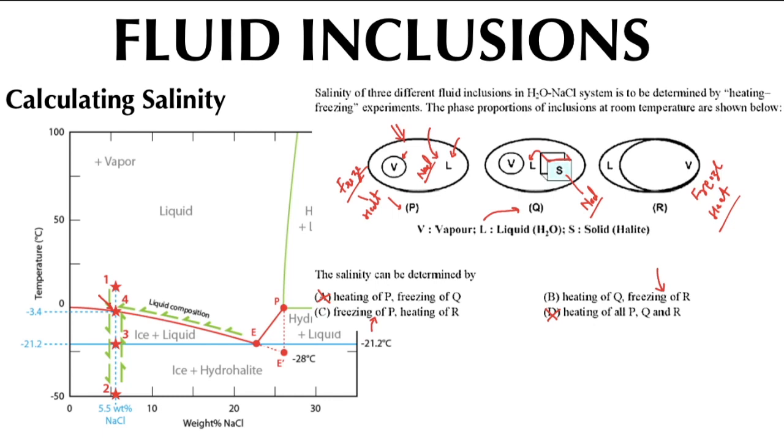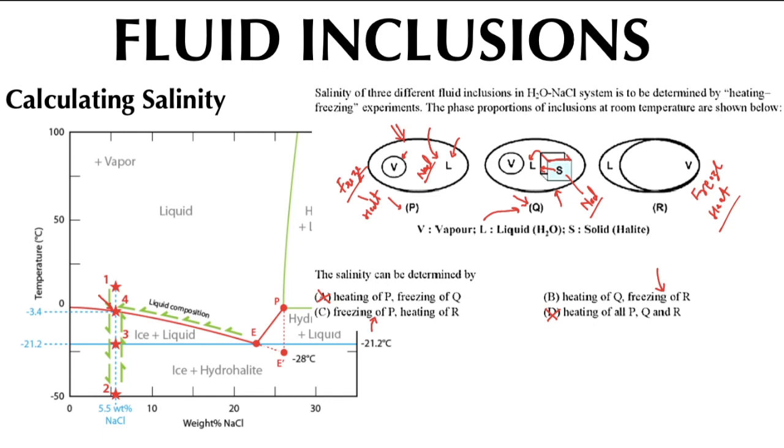Now first what we need to make sure is that this crystal gets dissolved in liquid, and NaCl will dissolve in liquid when we heat this inclusion, right? Because as you increase the temperature, more and more NaCl will keep on dissolving in liquid, right? So we need to heat this Q inclusion, right?